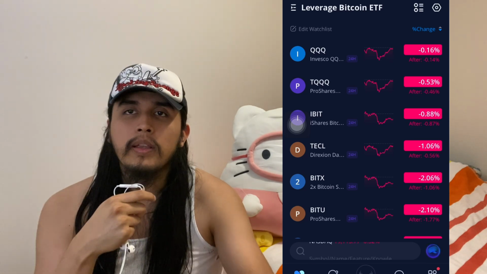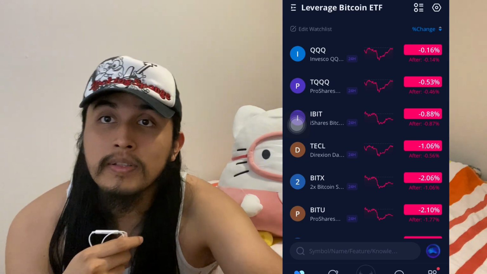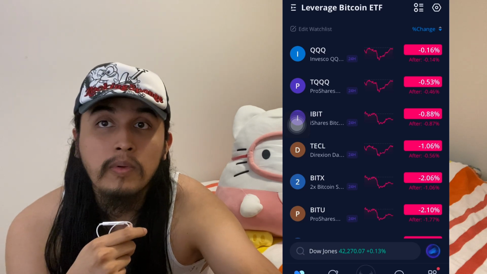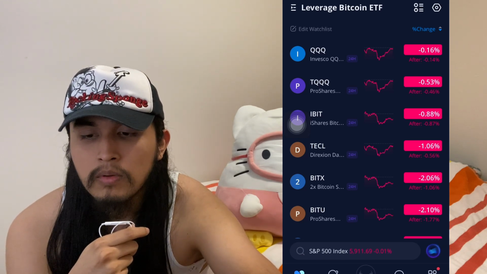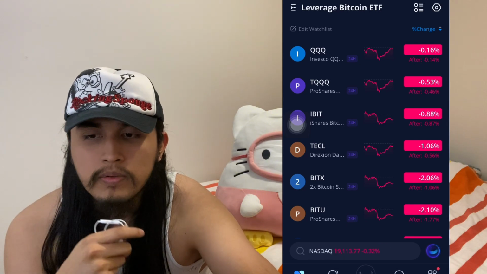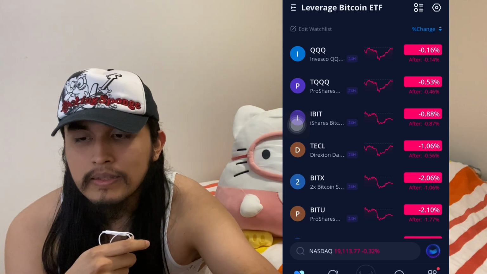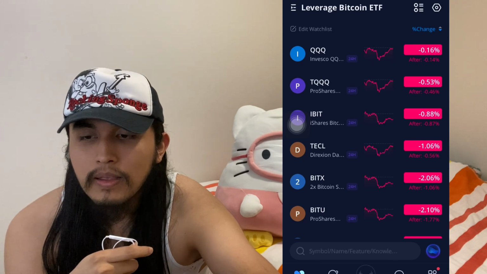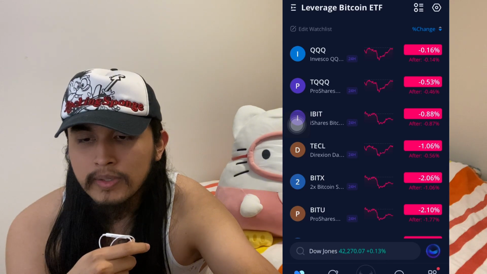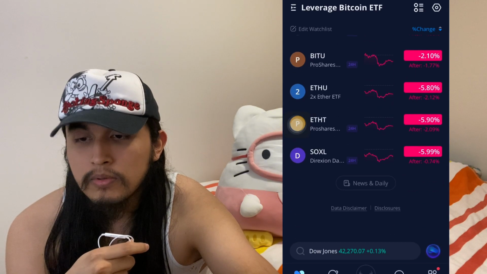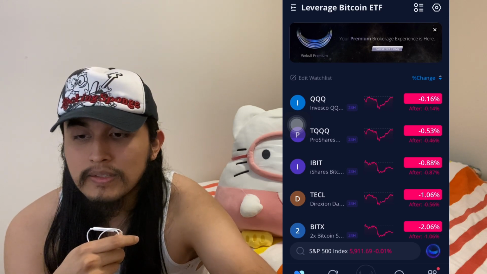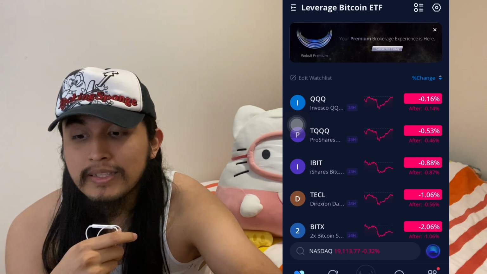Let's say you're a person that's not feeling really confident in trading options, and you feel more comfortable trading stocks. So what I want to do next week is try to trade leveraged ETFs. I want to show you guys that if you don't feel comfortable trading options, you always have the case of trading leveraged ETFs.